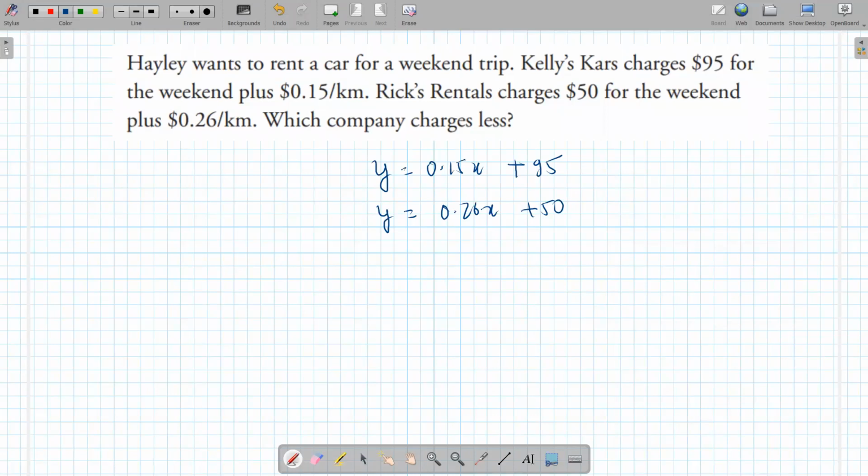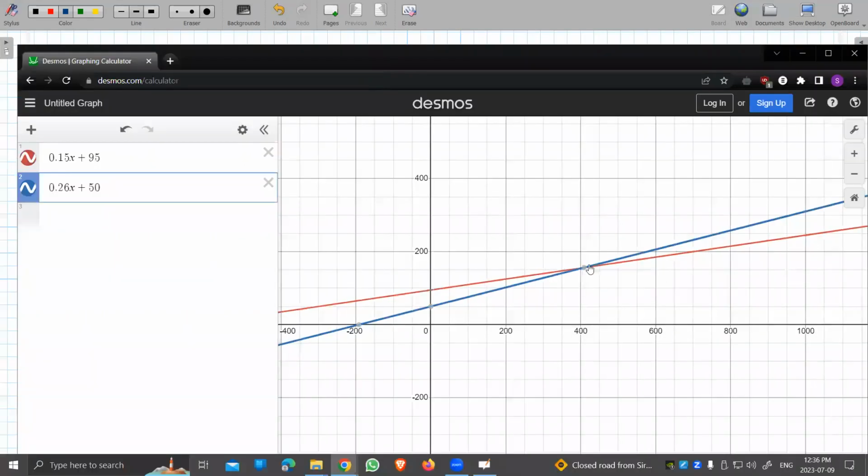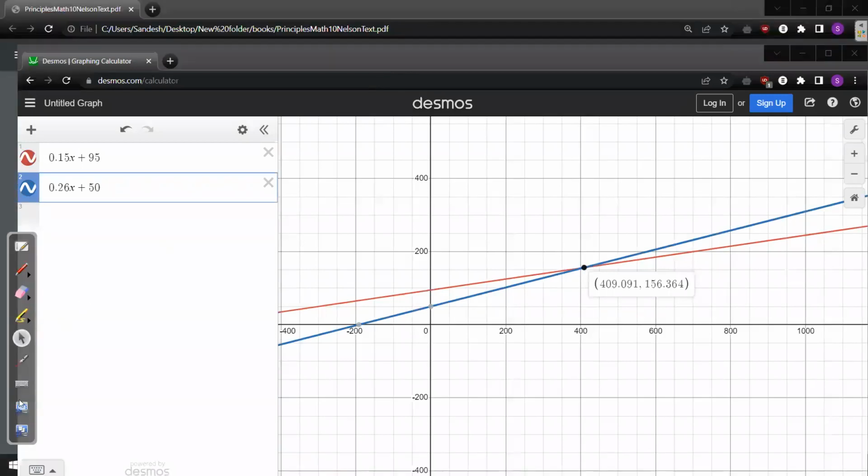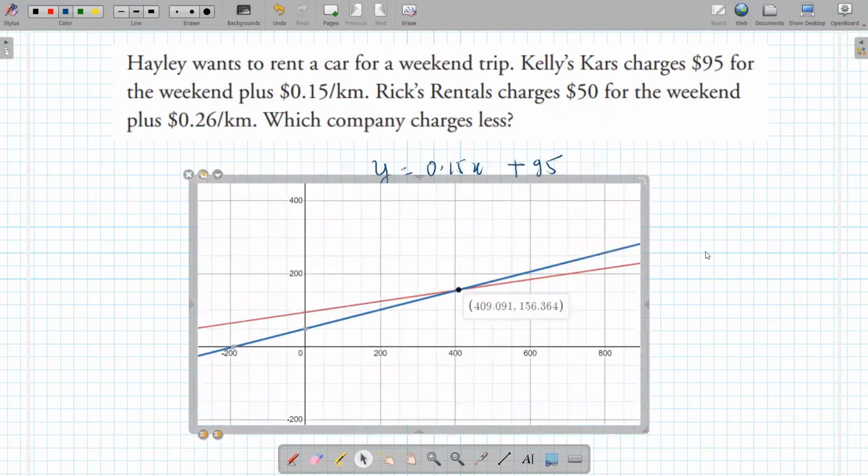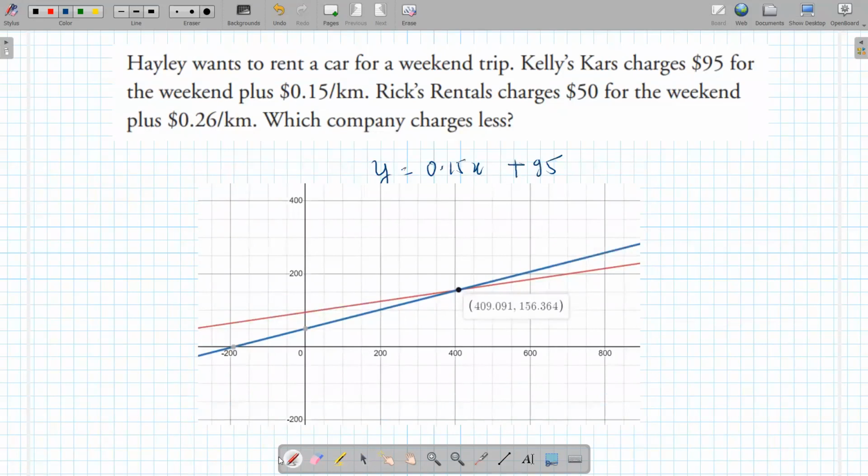Kelly's Cars is red. Look at this question. How would you answer this? The question is, which one charges less? Let me just pull this up. Okay, there we go. This blue one is Rick's, and the red one here is Kelly's.